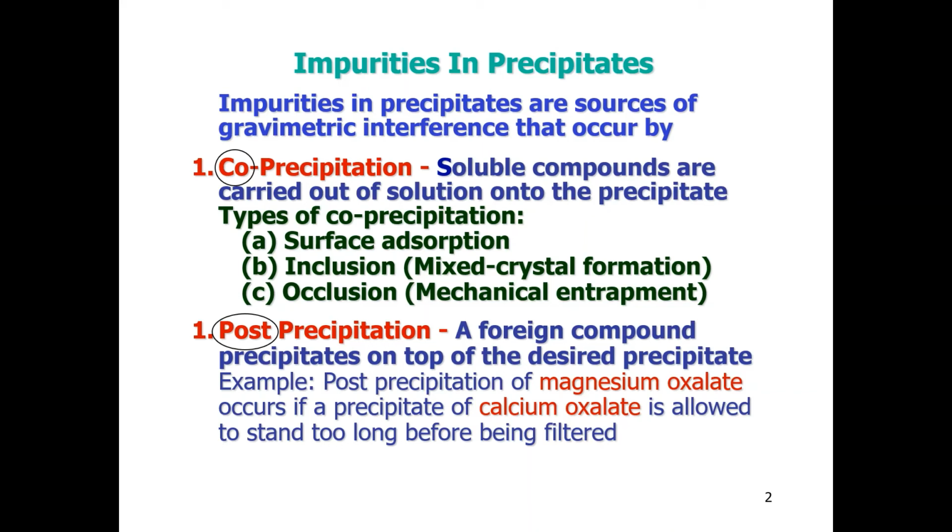This is while the precipitate is forming. The second one is post-precipitation. A foreign compound precipitates on top of the desired precipitate, meaning that after the precipitate has formed, we leave it for a little while without filtering it, so some forms of impurities may form onto the precipitate. But we will not be discussing post-precipitation; our further discussion will be on co-precipitation.